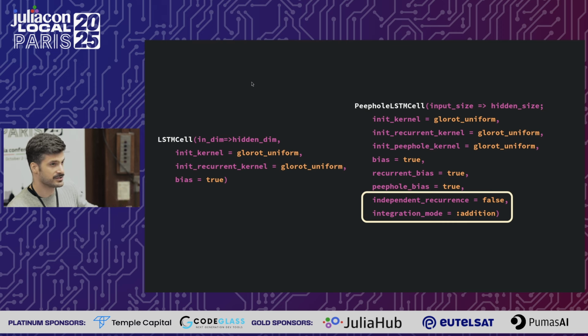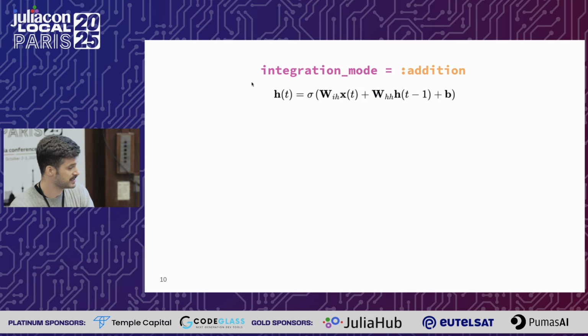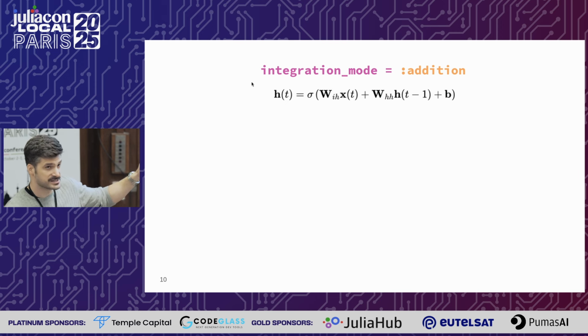But more specifically, you can also change what is called independent recurrence and integration mode. These are two modifications that change how the data is transmitted through the network. So here we get the addition. This is the most basic way that RNNs are implemented, and almost all RNNs have this somewhere in their forward mode. This is the official way to do it, so this is how it was proposed.